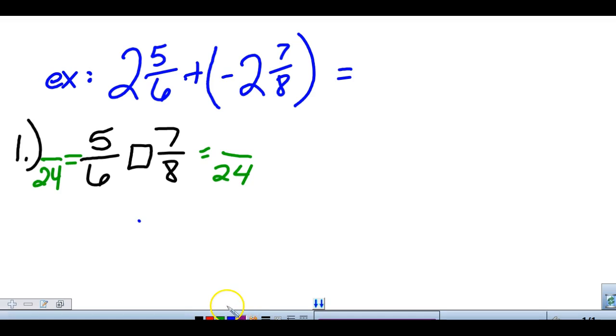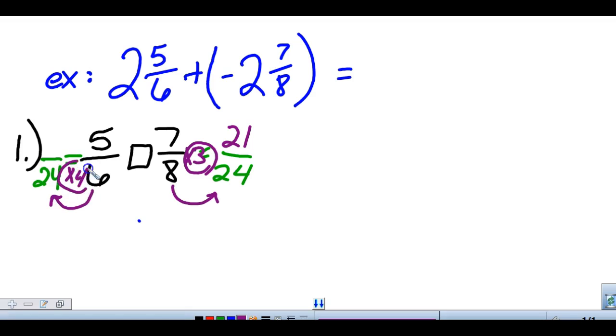And now we have to make equivalent fractions. So we're asking ourselves, how did we go from 8 to 24? Well, we multiplied by 3. Now what we do to the denominator, we need to do to the numerator, so that we're not changing the fraction, we're just making it a smaller piece so that we can compare it with another fraction more easily.